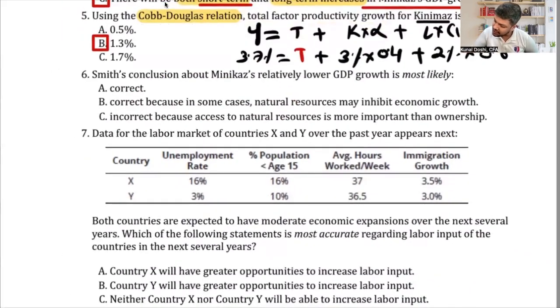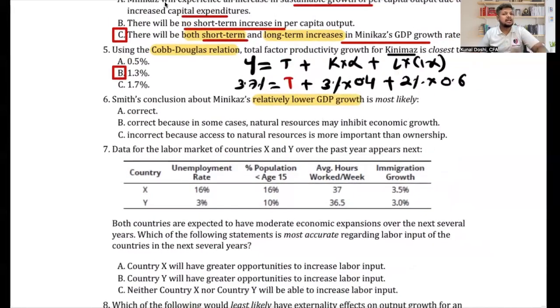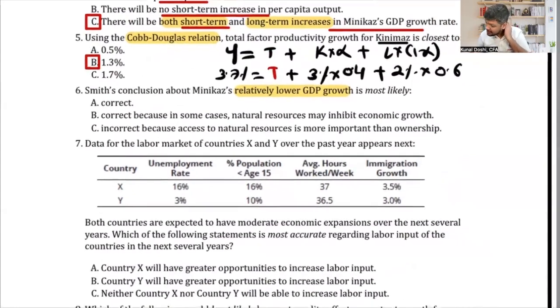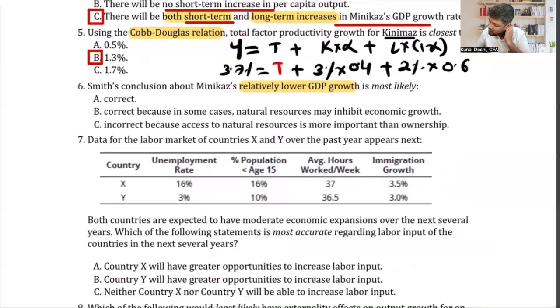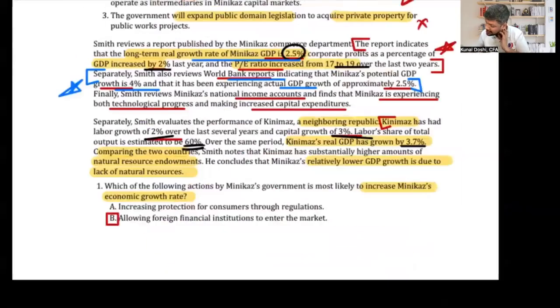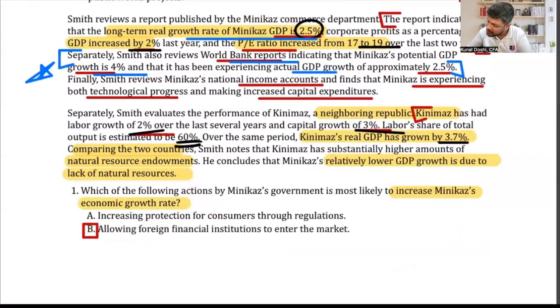Next, Smith's conclusion about Minica's relatively lower GDP growth rate: is it most likely correct or incorrect? First of all, let us see why he is saying lower GDP growth rate. Comparing the two countries, Smith notes that Kinimas has a substantially higher amount of natural resources.